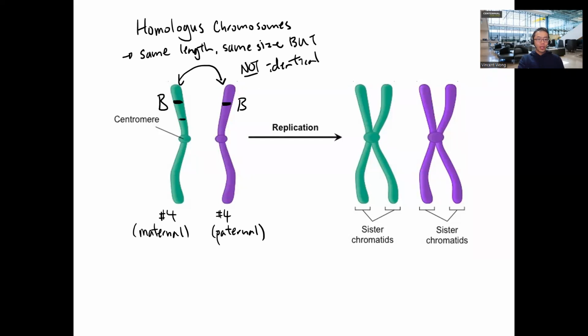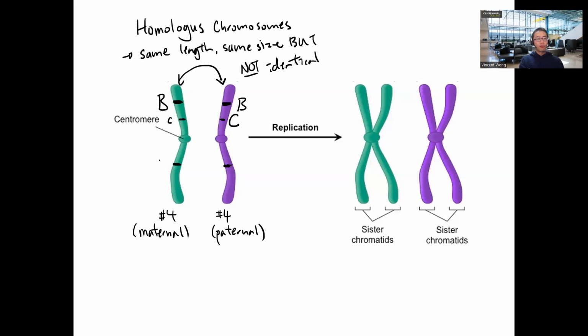But at another location, your mother might have curly hair, which I'll represent with a small c, but your father might have straight hair. So these are genes that code for the same information, but not necessarily the same version of that characteristic. They both code for hair type, but one is for curly hair, the other for straight hair.